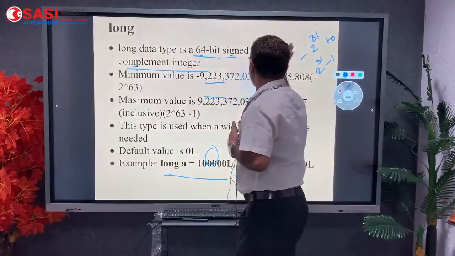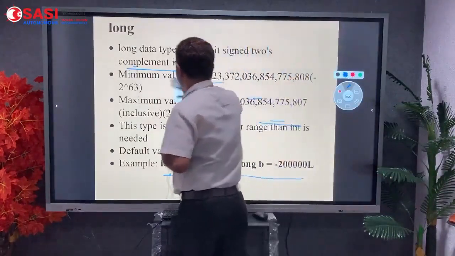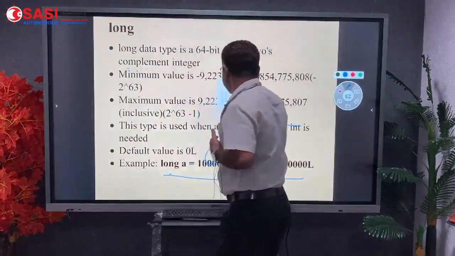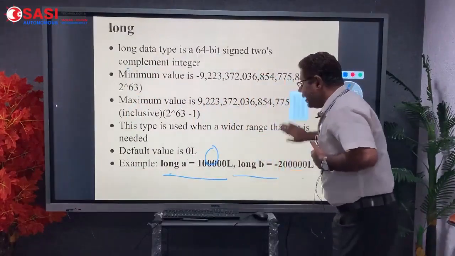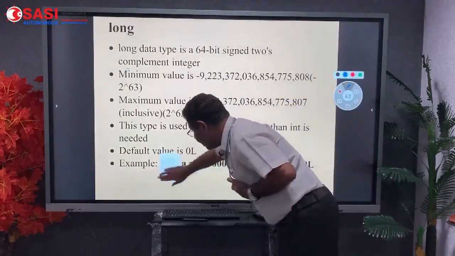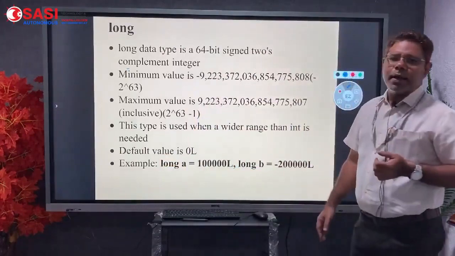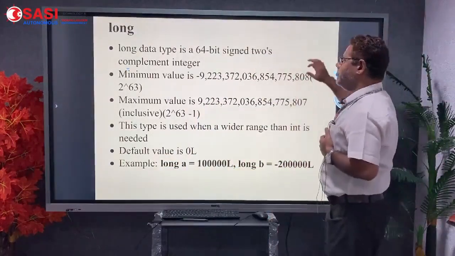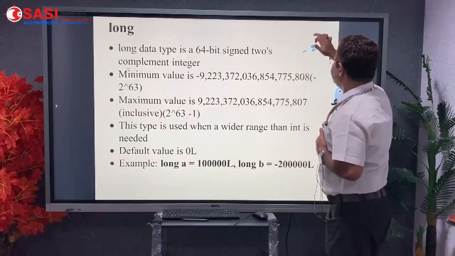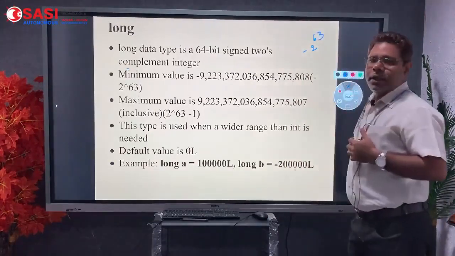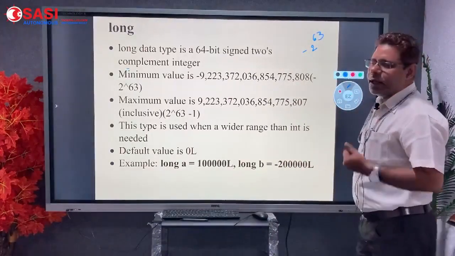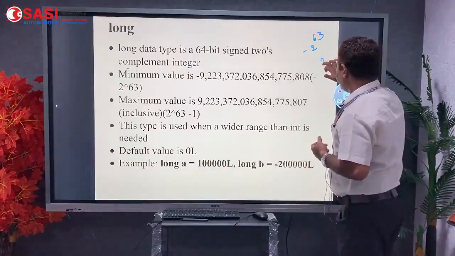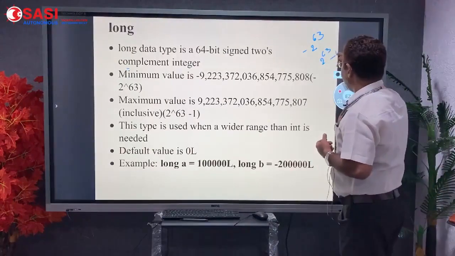The next one is the long data type. The long data type is a 64-bit signed 2's complement integer. The minimum value of the long data type is minus 2 power 63. The maximum value of the long data type is 2 power 63 minus 1.